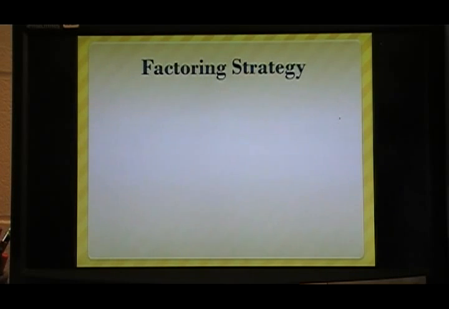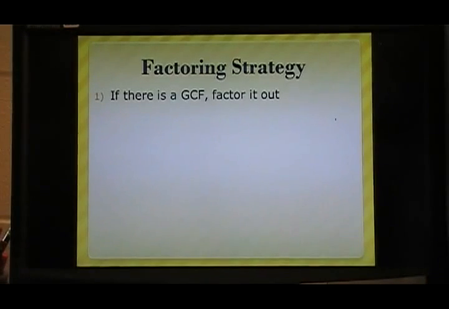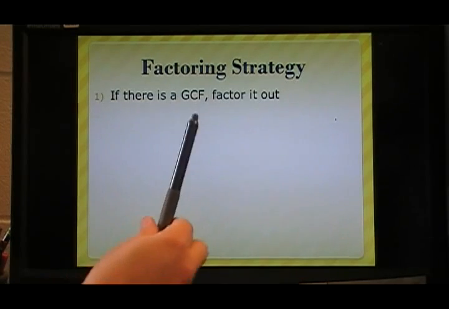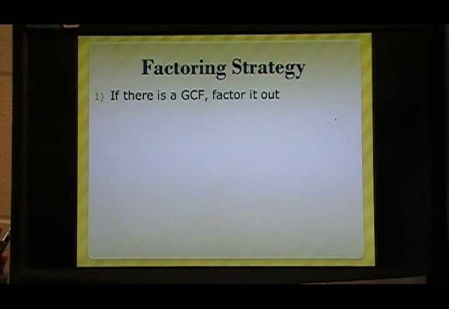Also, just as a general reminder for factorization, when you're factoring, you should always look at the expression you're given to see if there is a greatest common factor, if all terms are divisible by the same variable expression or number.